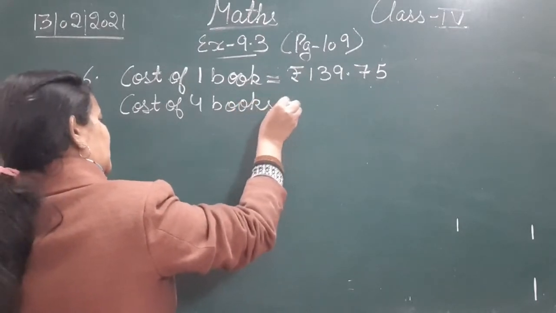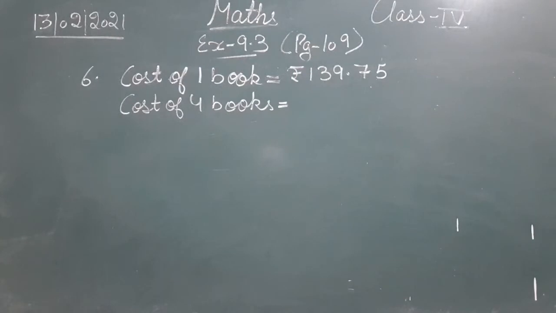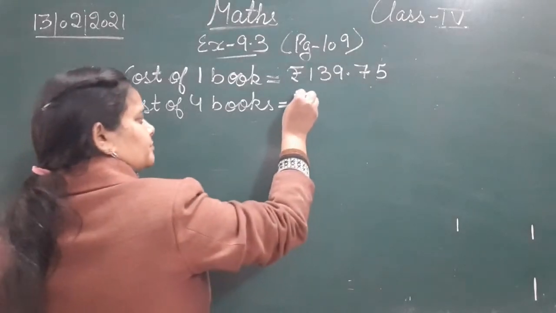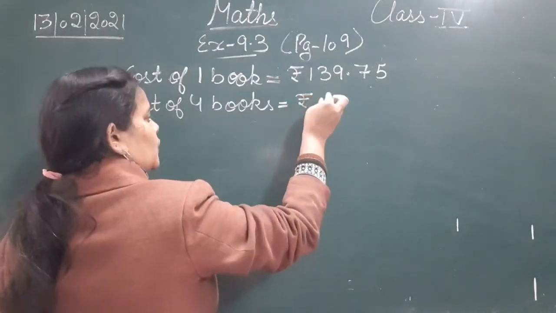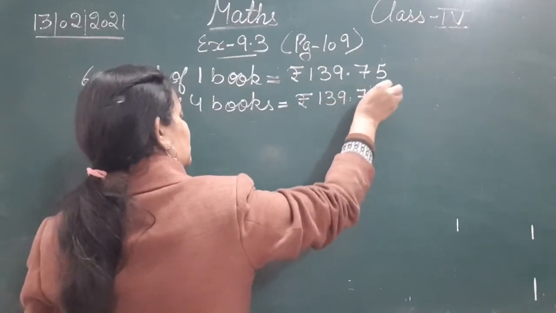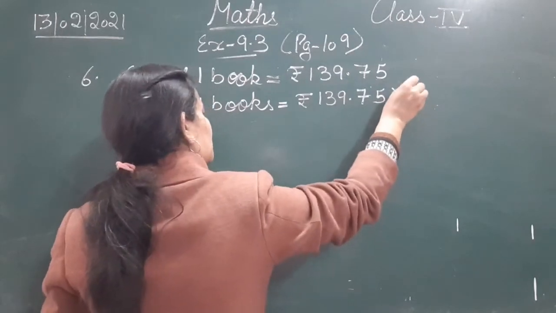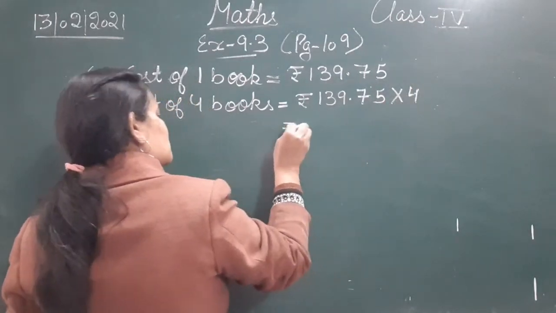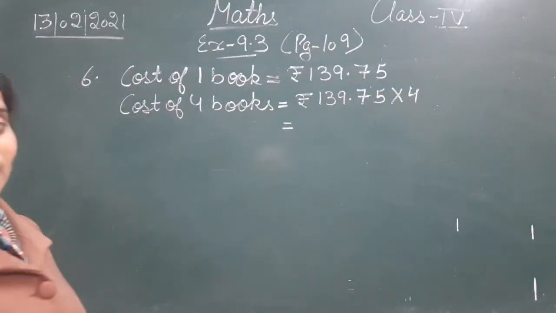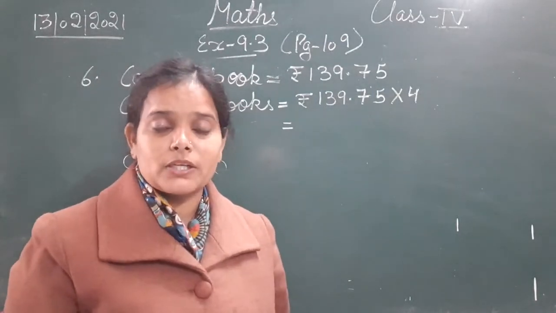तो हमें क्या निकालना है? 1 की cost दी हुई है, but she had bought 4 books. So we will calculate the cost of 4 books. So the cost of 4 books is 139 rupees and 75 paise multiplied by 4. देखिए जैसे हमने पिछले questions में cost of single item was given and we have to find the cost of the total quantity bought by that particular person.